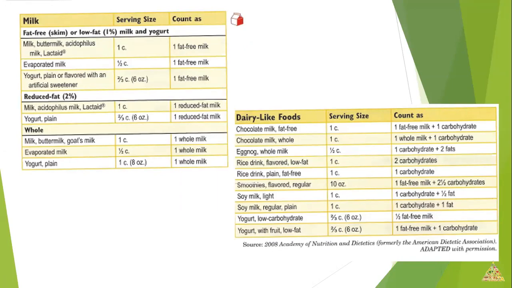Yogurt with fruit, you got 1 fat-free milk and 1 carbohydrate. So over here, as you see, your serving size may vary a little bit, but you can have 1 cup of milk, and there again, they vary in calorie count.